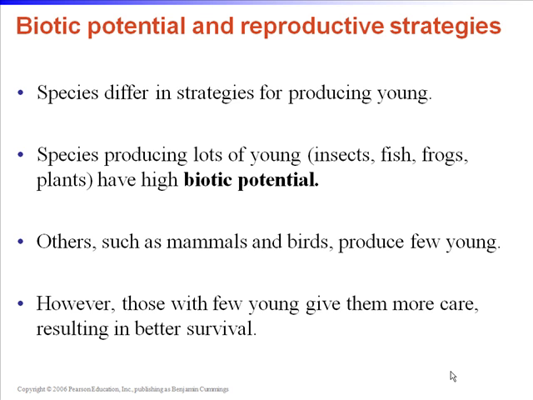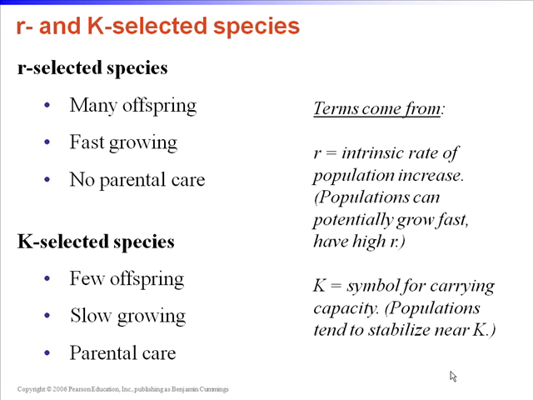When we think of biotic potential, we can think of r-selected species and K-selected species. These are reproductive strategies. R-selected, that lowercase r, these are organisms like a fly. Flies have many offspring. They're very fast-growing, and they have limited to no parental care.